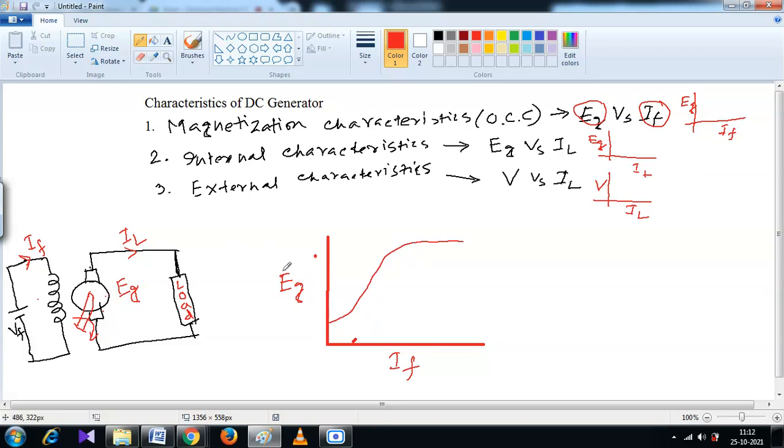If we plot between the generated voltage and field current, these characteristics are called magnetization characteristics, and it looks like this curve. This is called the OCC curve.